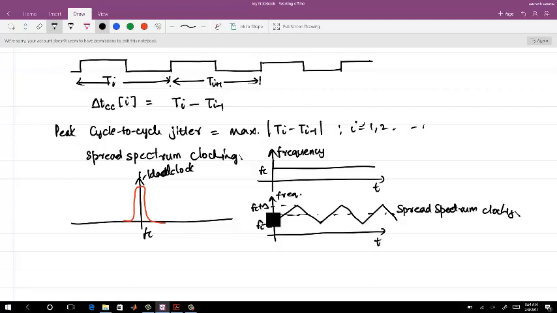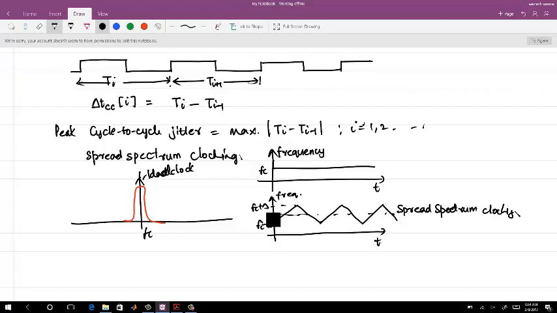Now, when you are measuring period jitter for a spread spectrum clock, that is much more susceptible, because the frequency is varying all over. You will find FC as a mean period if you take n number of samples, and the jitter is now getting very large. But for cycle to cycle, the value is not changing that continuously.